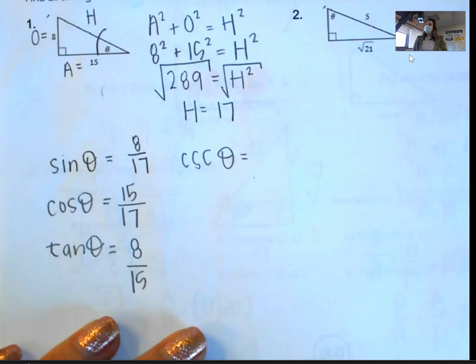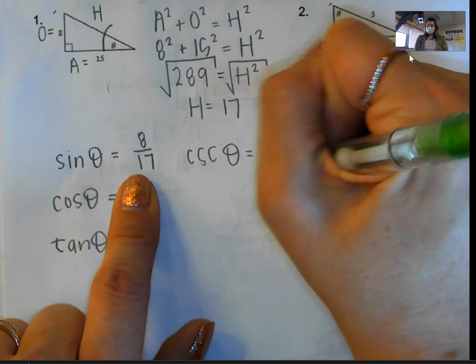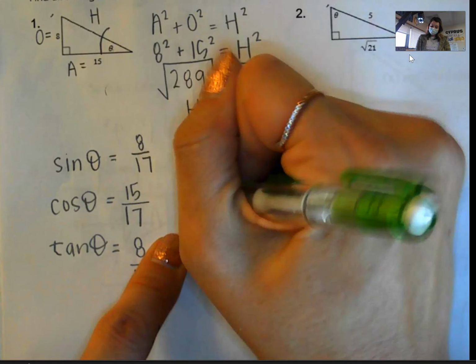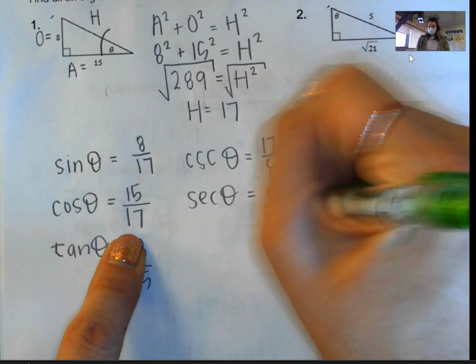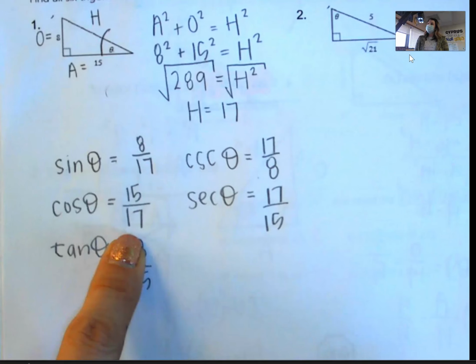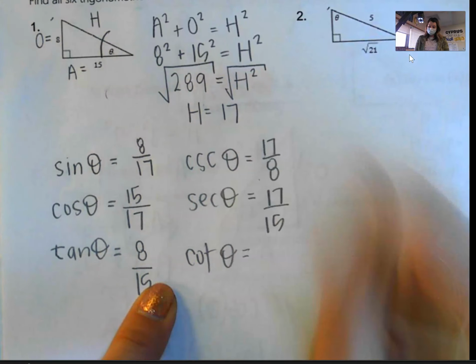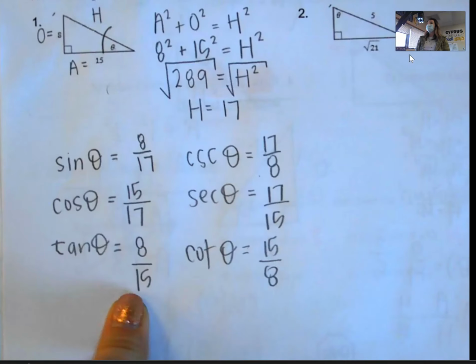Okay, now our reciprocals are so easy. Cosecant theta, we just flip this. So 17 over 8, because these are reciprocals. Secant theta, we just flip this guy. 17 over 15. And cotangent theta, we just flip this guy. 15 over 8.